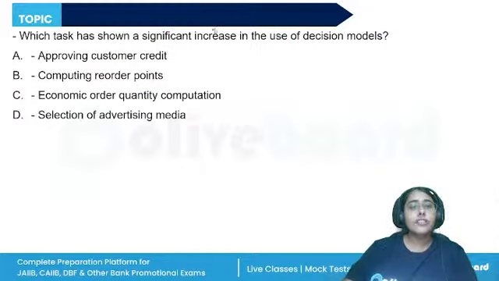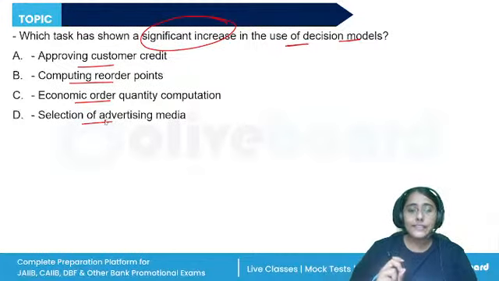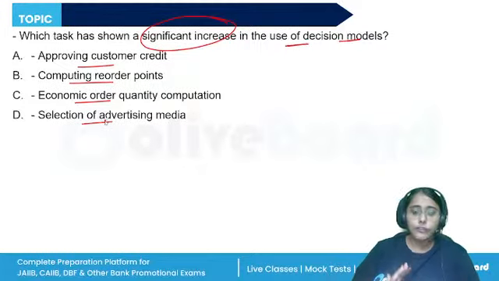Which task has shown significant increase in the use of decision models? Approving customer credit, computer reorder, economic order quantity computation, selection of advertising. So in today's time, earlier the use of computer was not there. The majority of the companies that had MKIs were not using computers.